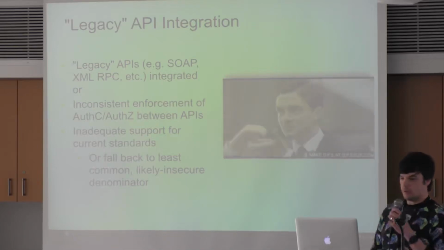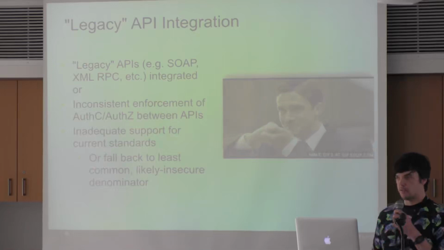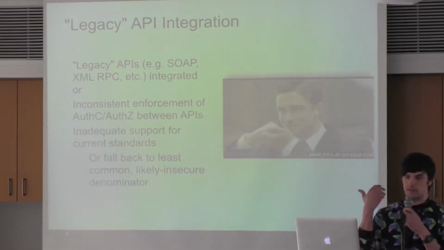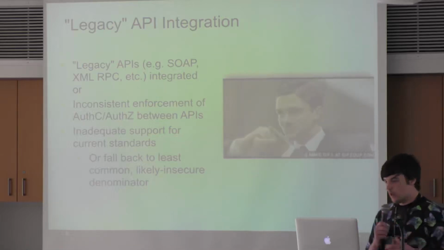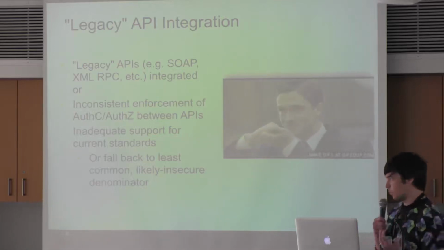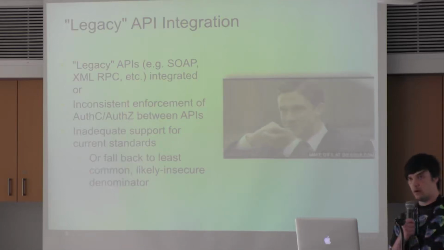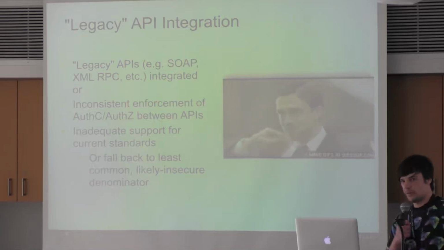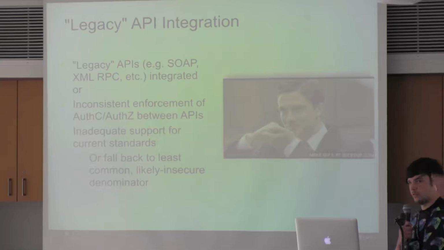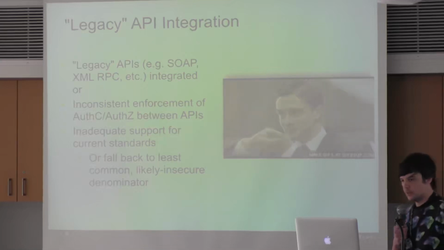That doesn't always happen very well, so you end up with inconsistent enforcement of logins, and inconsistent enforcement of authorizations and entitlements. You might have inadequate support for current standards. You might have one API that uses something like OAuth, the nice shiny RESTful one, and then the other one uses some token out of an exchange that happens in that initial authentication, which then uses an authorization token for this other API.